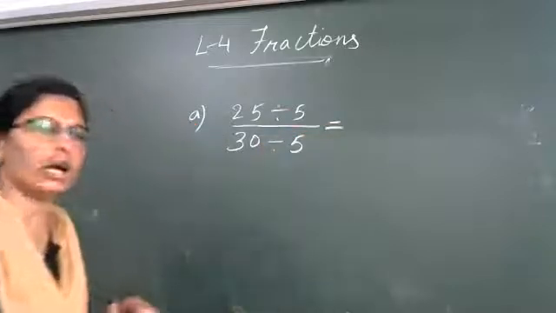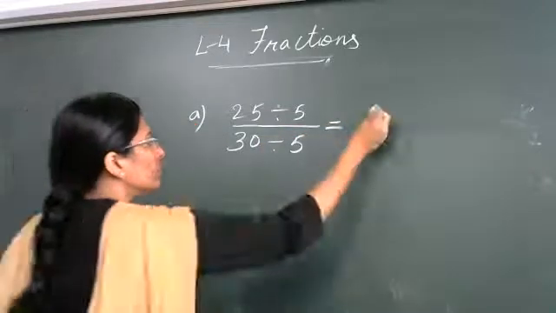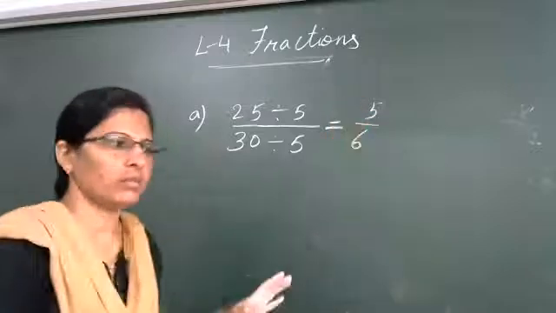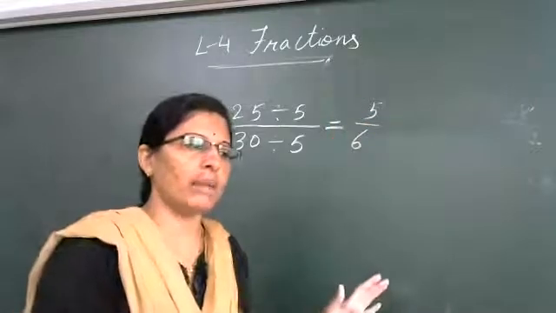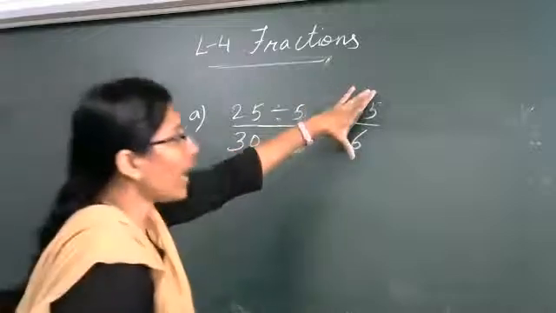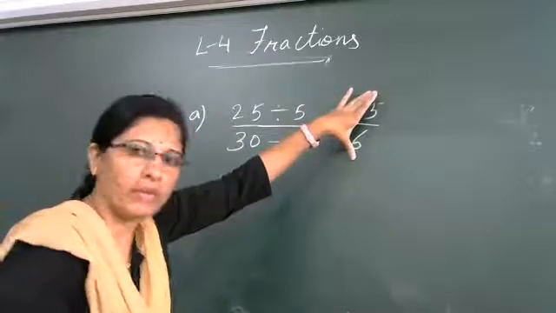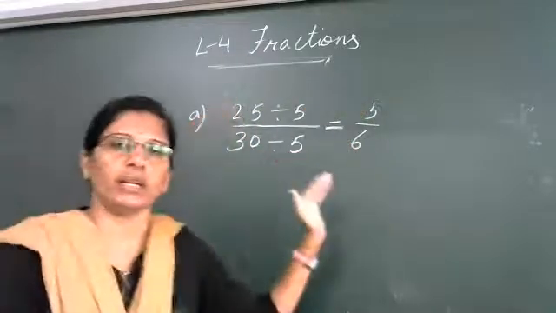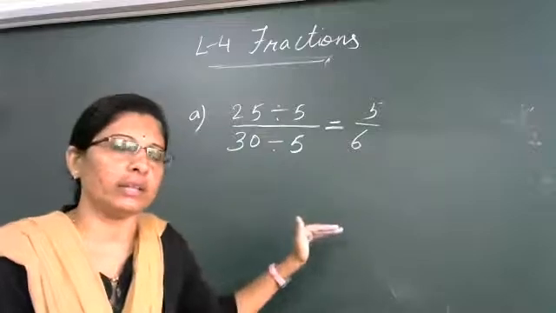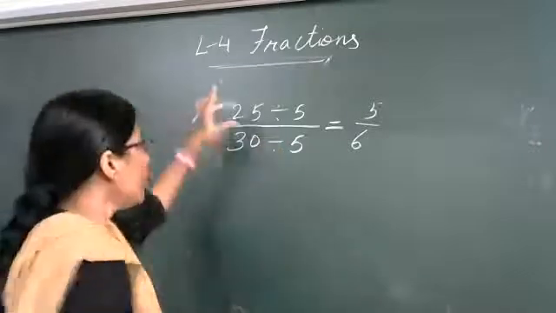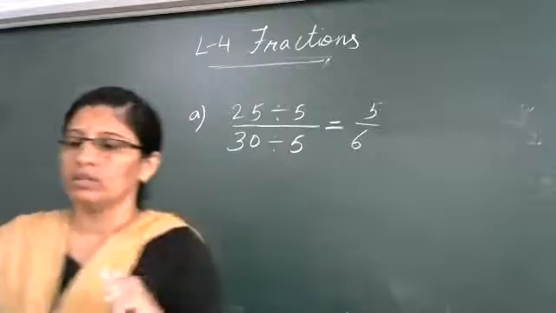What answer will come? 5 by 6. So 5 by 6 is the equivalent fraction of 25 by 30. Understood division method? Only you have to see that both numbers should come in same table.